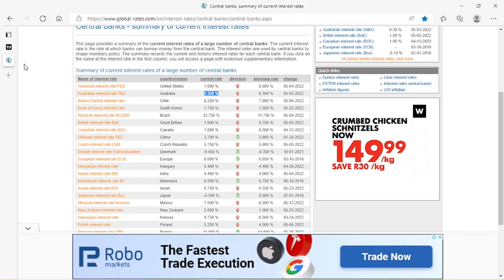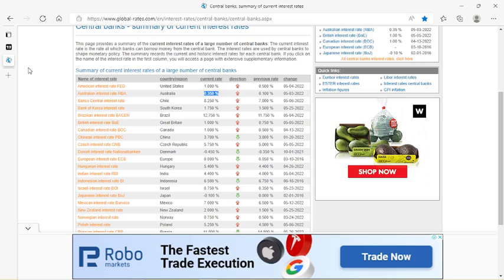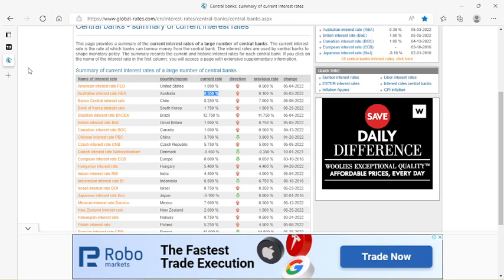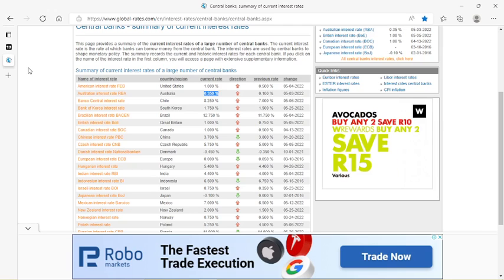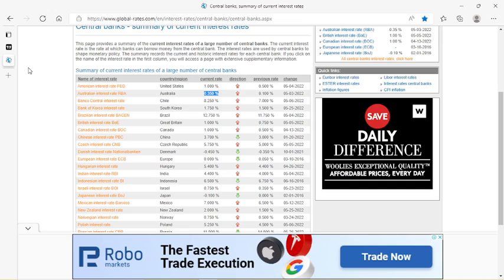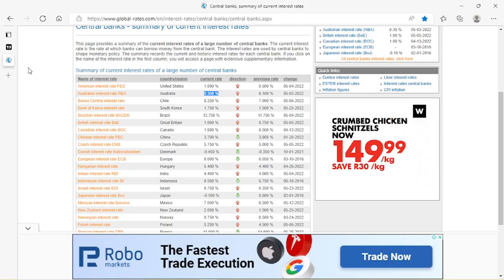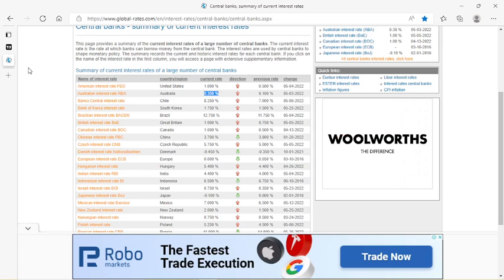If the Federal Reserve Bank, for example, has increased interest rates more than the Australian dollar interest rate, then we'll know for sure that AUD versus the dollar will be a sell.